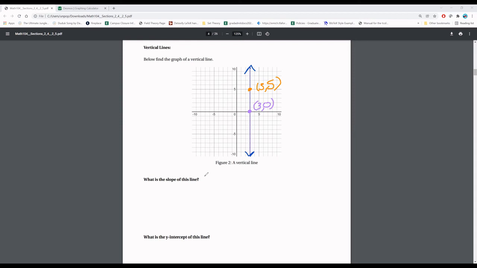Back to our slope formula. It says y2 minus y1 divided by x2 minus x1 is the slope. I'll just keep that purple one as the second point, and the orange one is the first point. y2 is 0.